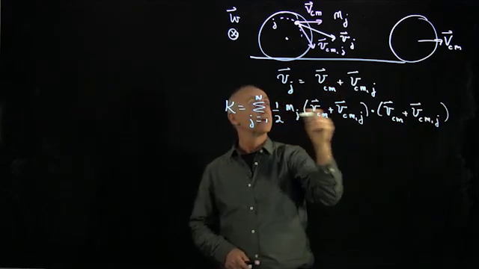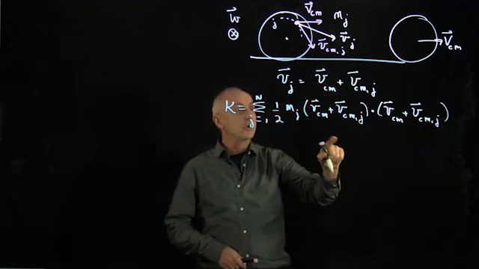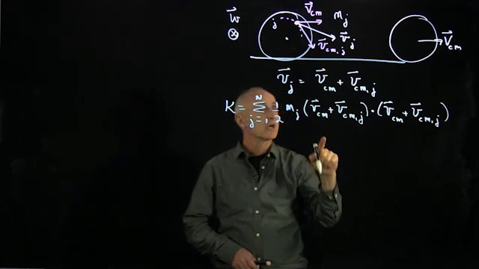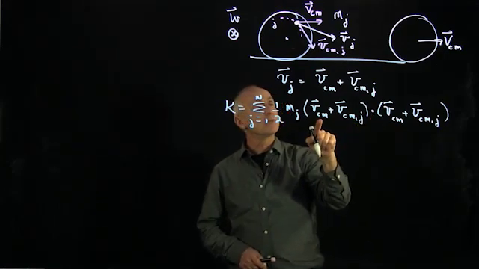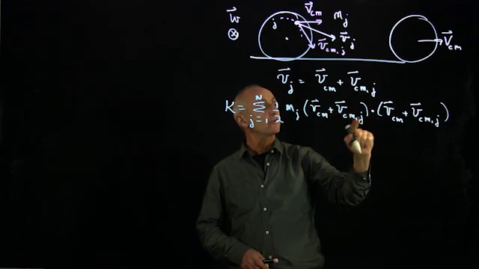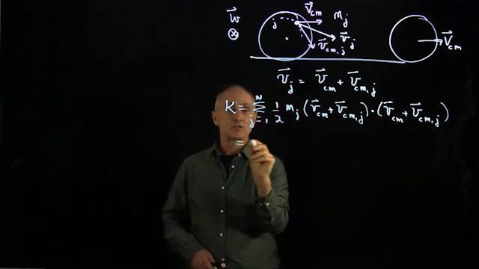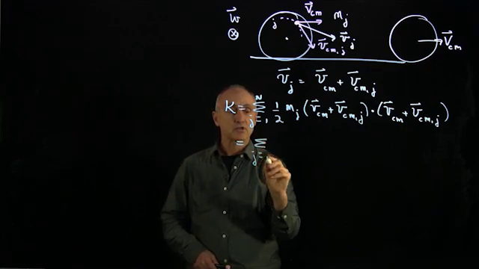And that's just Vj squared. When we look at these terms, it looks complicated at first, but there's going to be VCM dot VCM, two cross terms that are identical, and VCMJ dot VCMJ. So let's write out those three terms.